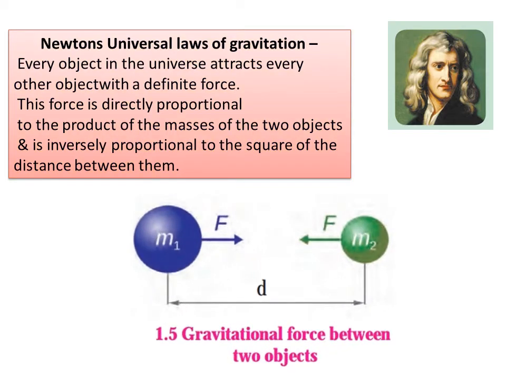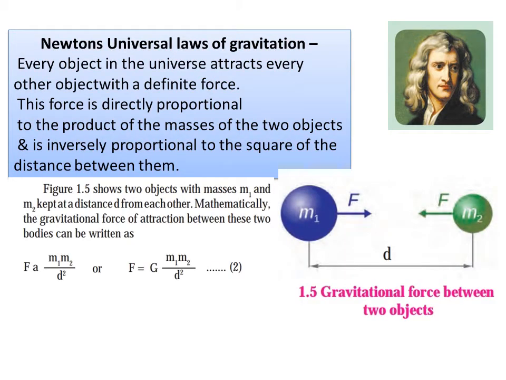For example, if m1 and m2 are the masses of two objects and d is the distance between them, then the force of attraction between them is given as F is directly proportional to the product of the masses, m1 into m2, and inversely proportional to the square of the distance between them, that is 1 upon d squared.